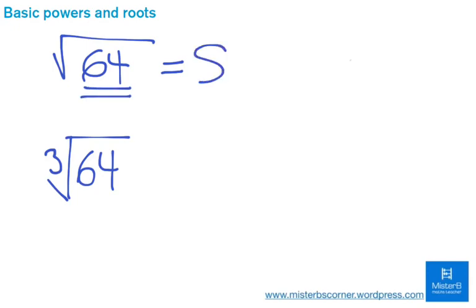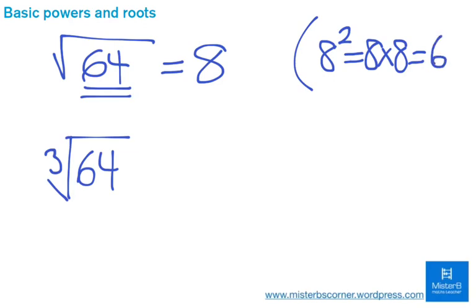So the answer will be 8, because 8 squared, or 8 times 8, is 64. So we are reversing this multiplication.